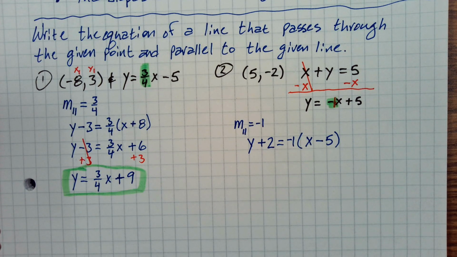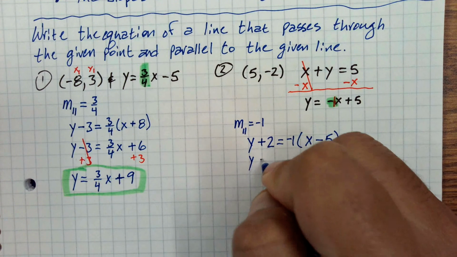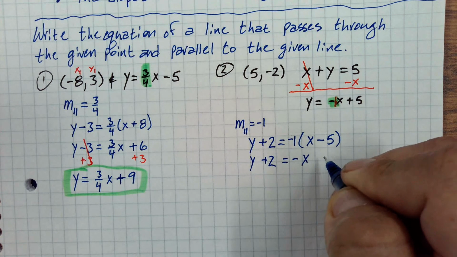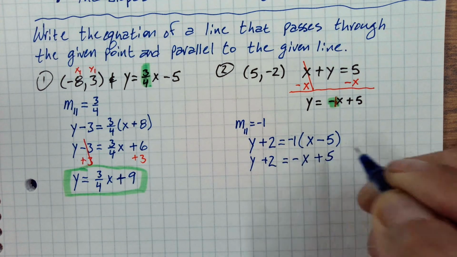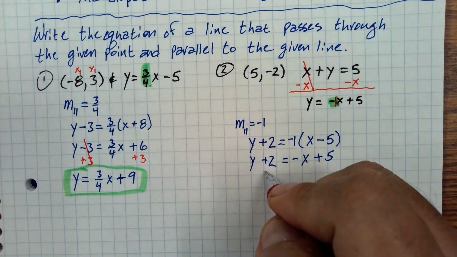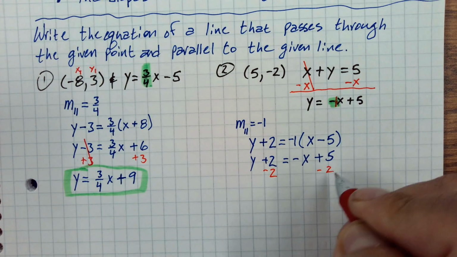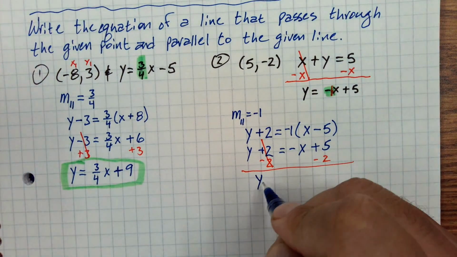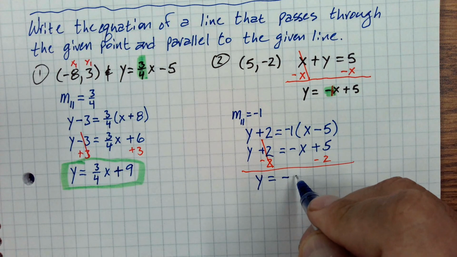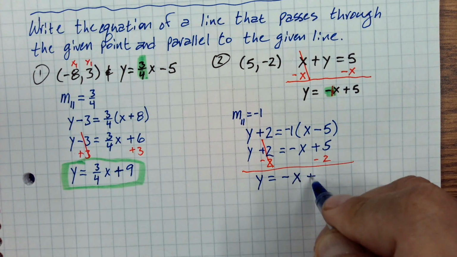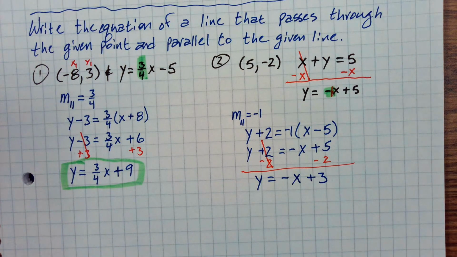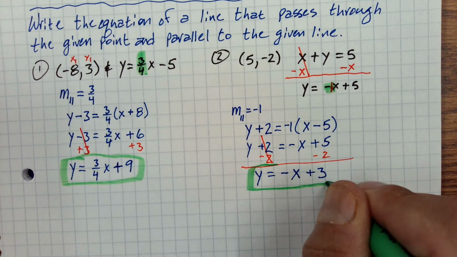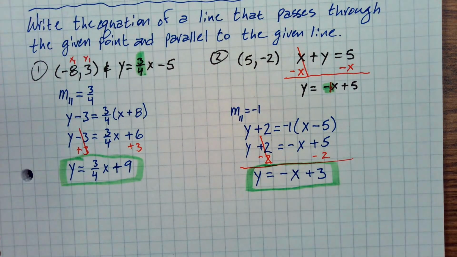So let's distribute. y plus 2 equals negative x, or negative 1x if you want, plus 5. We'll get rid of this, and I get y equals negative x, or negative 1x, plus 3. So here is the equation of a line going through 5, negative 2, and parallel to x plus y equals 5.